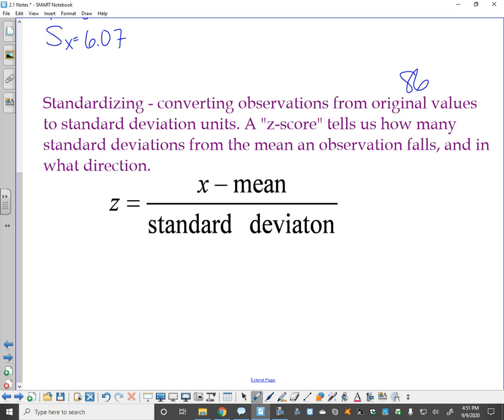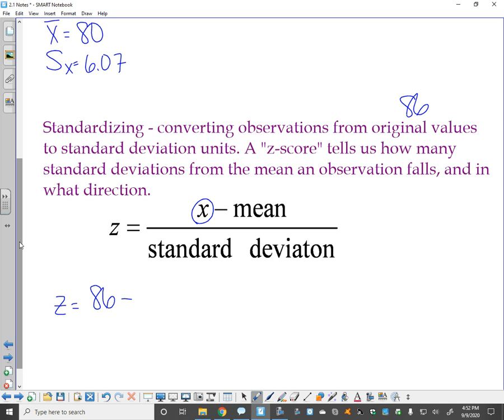Now, we said that Jenny was just under one standard deviation above the mean. So I'm going to find Jenny's z-score. So z equals, now this is your piece of data, that's Jenny's 86. So you always start with your raw piece of data minus the mean, which is an 80, over the standard deviation, which is 6.07.